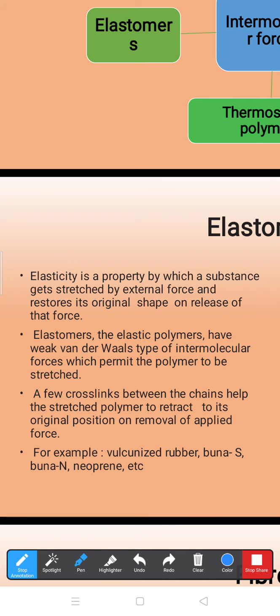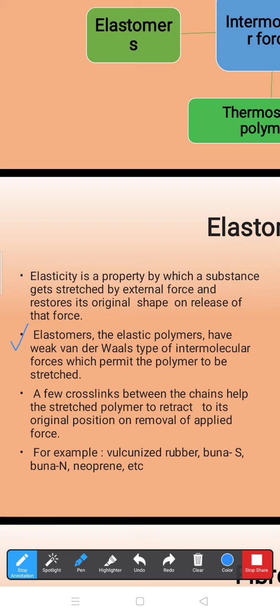Second point, elastomers, the elastic polymers, have weak van der Waals type intermolecular forces which permit the polymers to be stretched. Because of these weak forces, we can stretch up to a long distance also. That is why these weak forces are important.